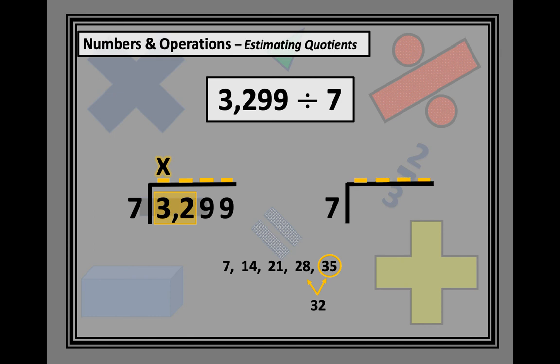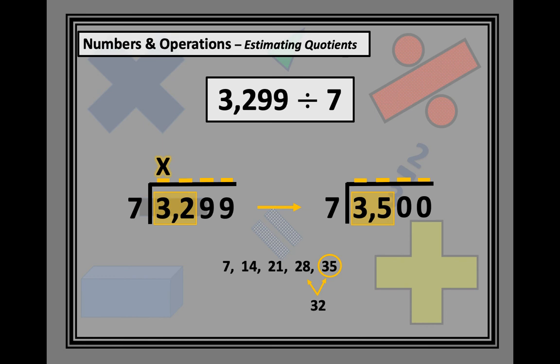So when you're doing your division, you're rounding your dividend to a compatible number. So 3,299, I'm going to round it to that 3,500. Remember to hold place value in your tens place and your ones place. You started with a 4-digit number close to 3,000.